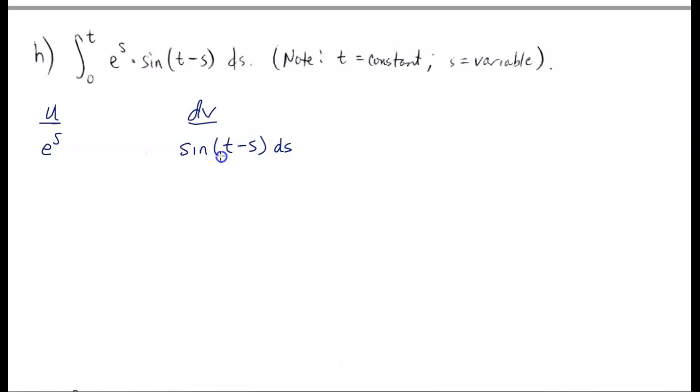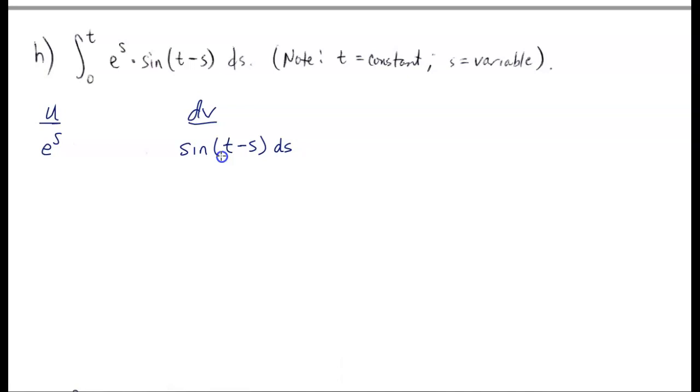And so what we're going to do again is take successive derivatives of column u and successive antiderivatives of column dv until we see something diagonally across that says e raised to the s times sine of t minus s again.